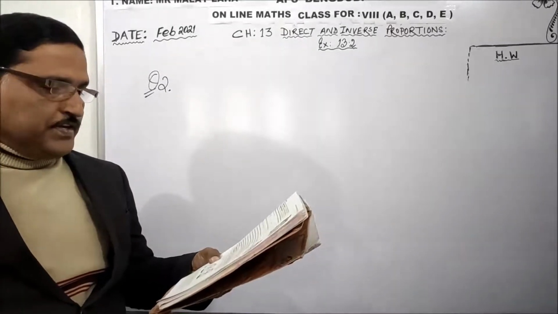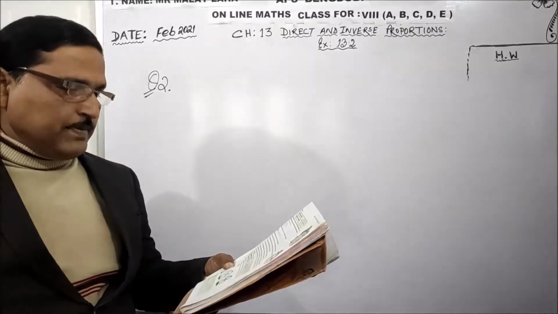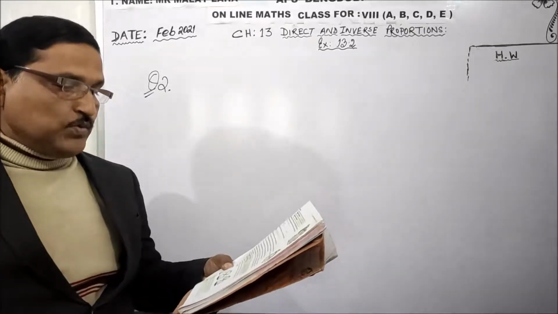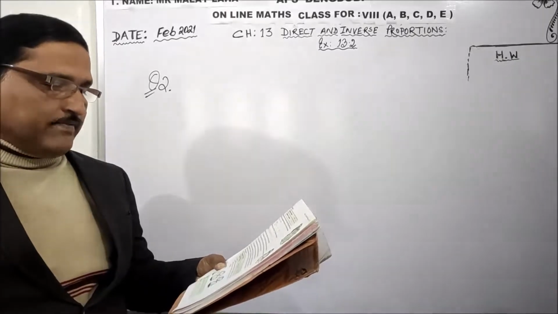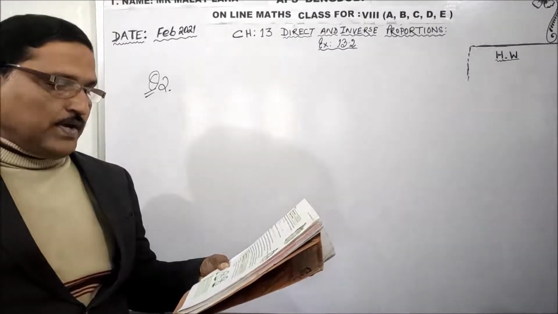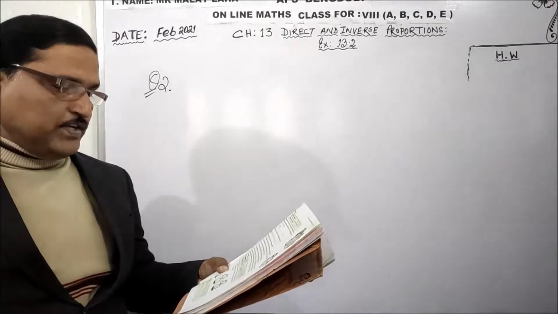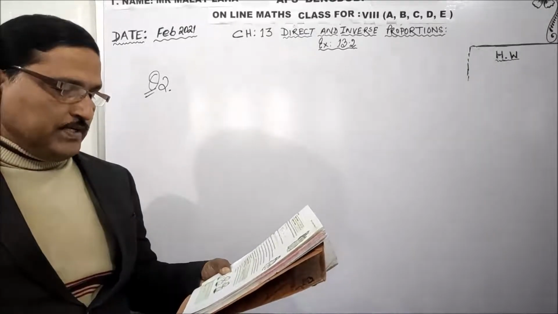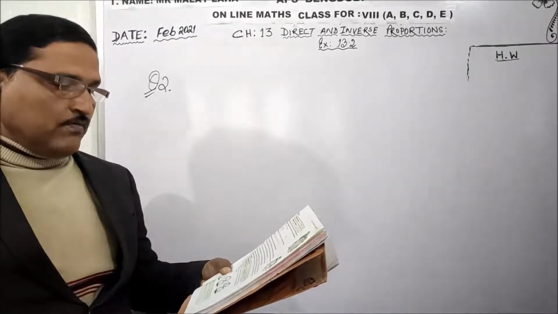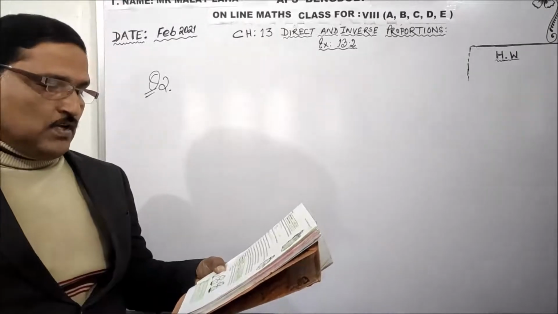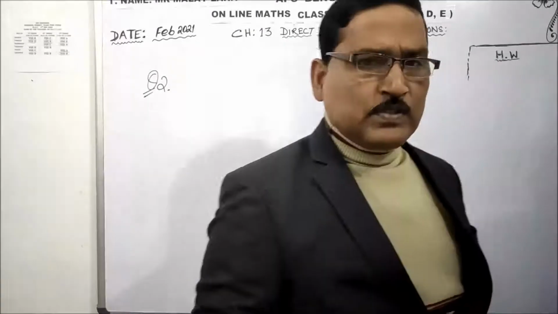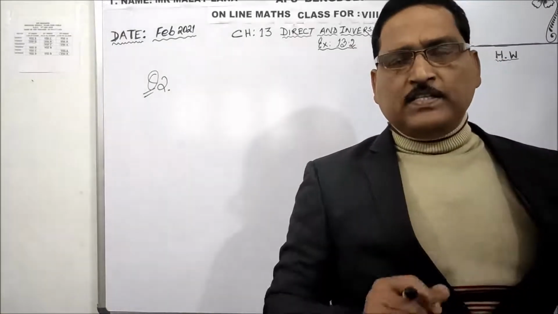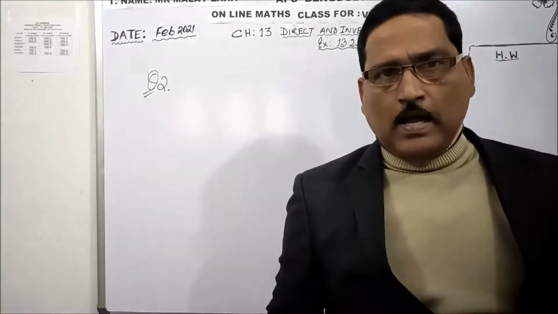Now I am coming to question number 2. In a television game show, the prize money of 1 lakh is to be divided equally amongst the winners. Complete the following table and find whether the prize money given to an individual winner is directly or inversely proportional to the number of winners. Suppose the prize money in the first case is 1 lakh and the number of persons is 1.